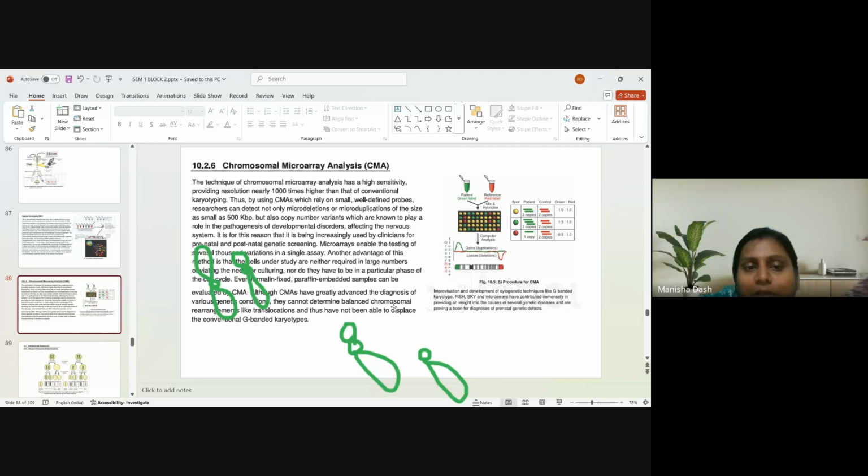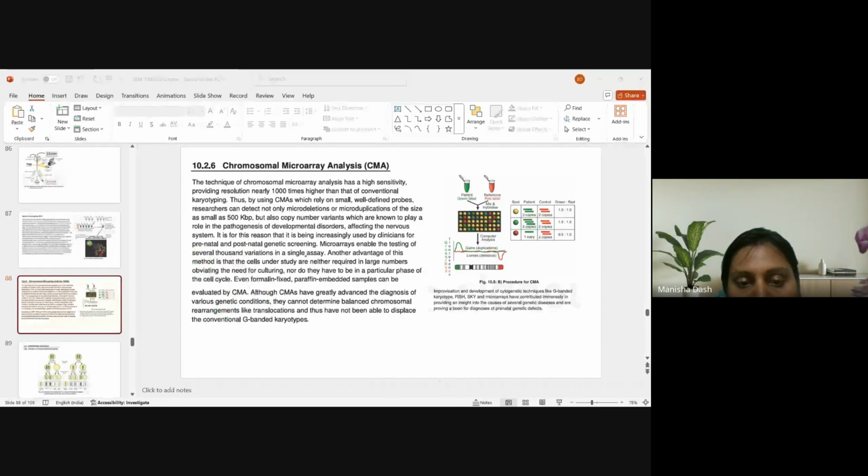Similarly, there is also chromosomal microarray analysis, that is CMA. Microarray means you can analyze thousands of samples together in a single run. Here you can see the patient chromosome labeled with a green color, and the normal one labeled with a red color.